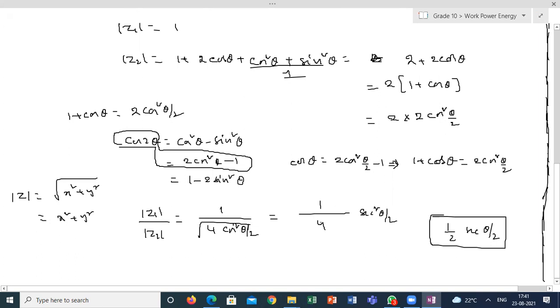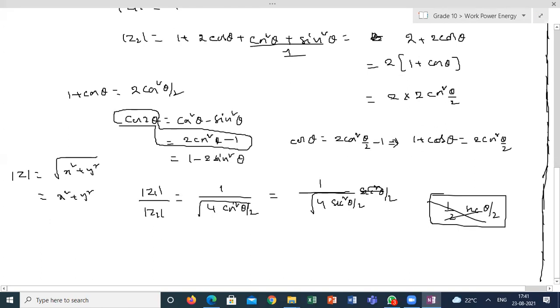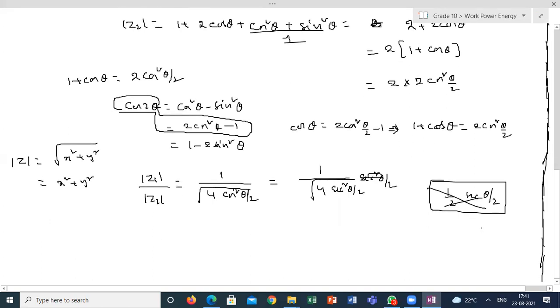So what is your answer then finally? 1 by 2 secant theta by 2. But in the previous case, we didn't do that. Sir, in the last sum it should be 1 by root 2, sir. Yes, in the last sum it should be 1 by root 2, it is 50 by 25 under the root, it is root 2. No, sir, not that sum, sir.